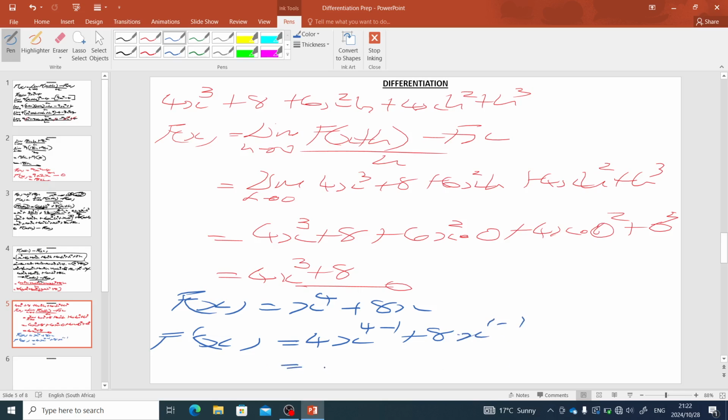Then we'll be left with 4x to the power 3 plus, 1 minus 1 is 0, anything to the power 0 is 1, then multiplied by 8. Boom. Our answer is correct. This is how you apply the first principle and your binomial theorem. Thank you, good people.